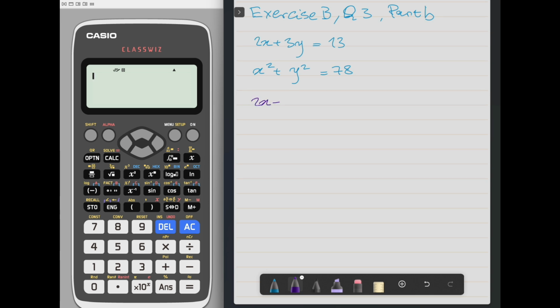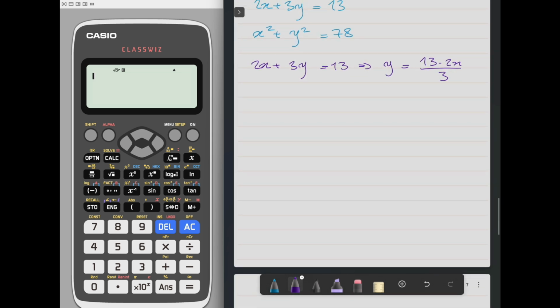So 2x plus 3y equal to 13. You can write it as y equal to (13 minus 2x) divided by 3. Right. So now, as I said, you substitute this into the quadratic equation. x squared plus ((13 minus 2x) over 3) squared equal to 78.